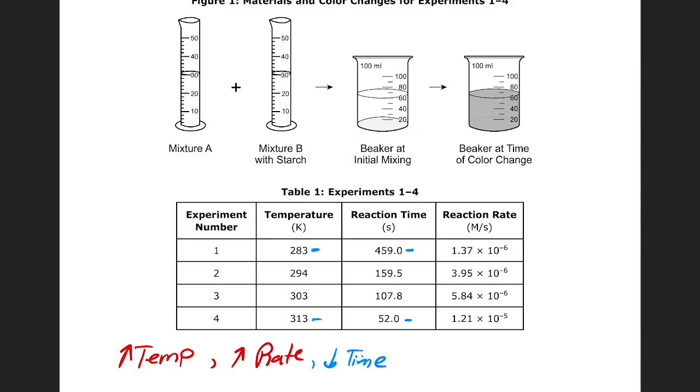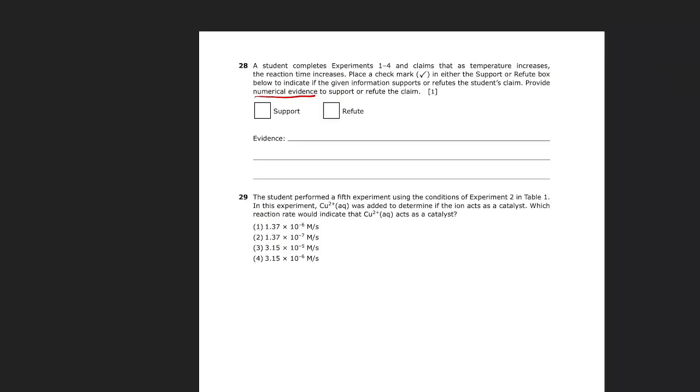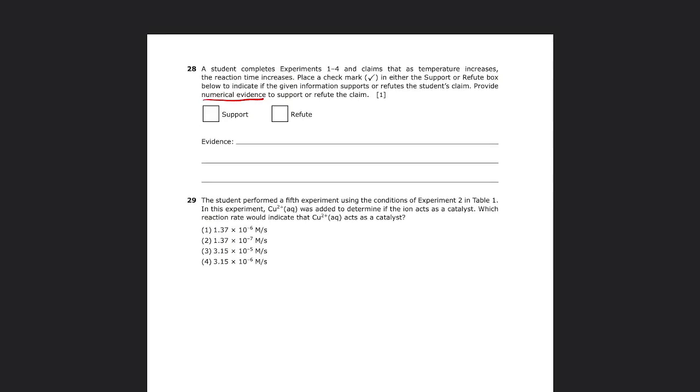Okay, so think about it. If you have a lower time, that does mean that you have a higher rate. So picturing those relationships can be a little bit challenging, especially when you're throwing in units that you don't really know. But anyways, I think we have enough information to refute this claim.